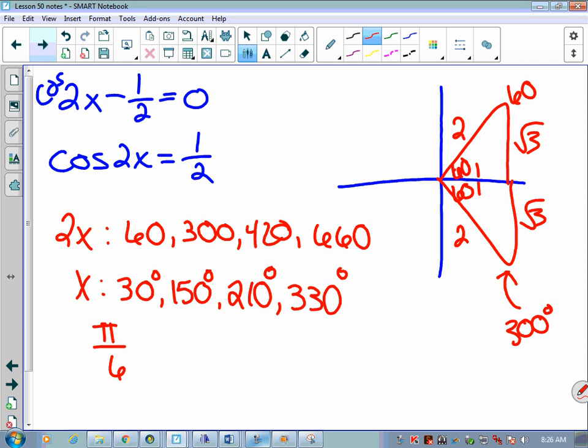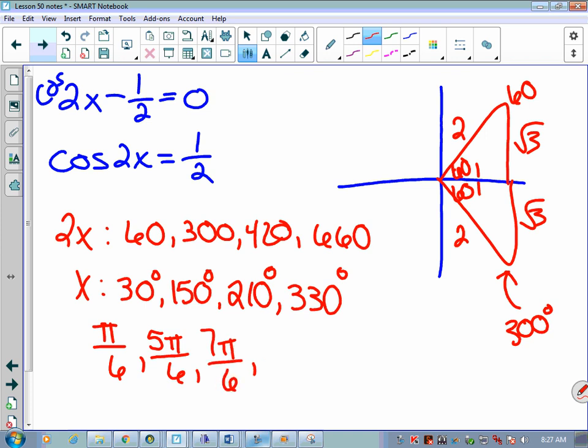Okay? So what's 150 divided by 180? Needed as a fraction. What am I going to write? 5 pi over 6. Okay, 210 divided by 180. 7 pi over 6.